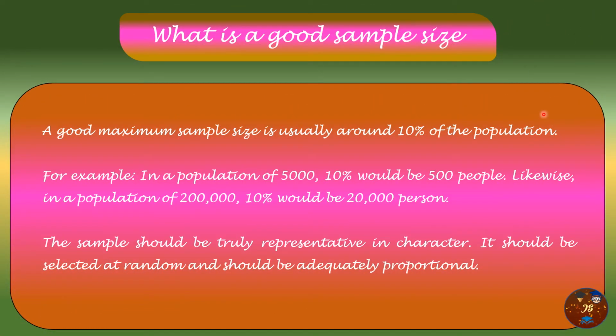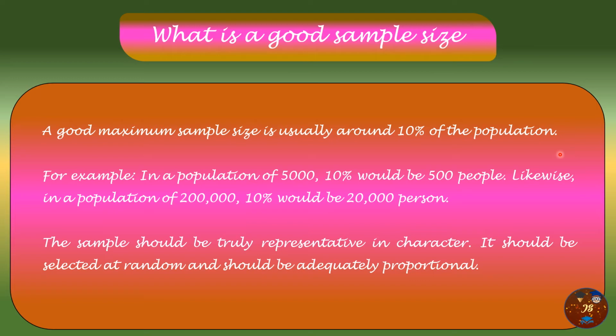Now, what is a good sample size? A good maximum sample size is usually around 10% of the population. It is not possible for a person to conduct research on the whole population, as we have discussed earlier in the video on population and sample.